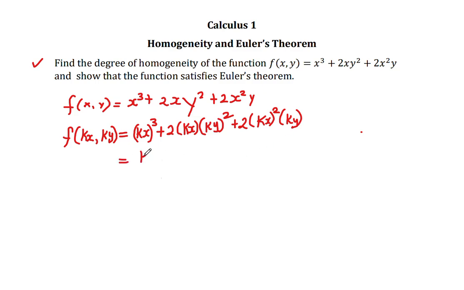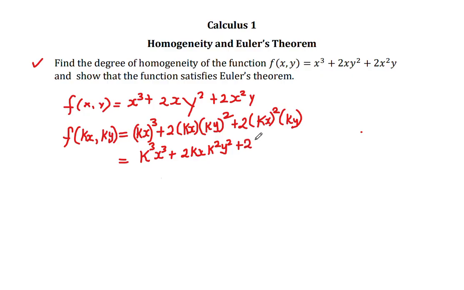Now we're going to try and simplify this. So this is going to be k cubed x cubed. Kx all cubed can be expressed as k cubed x cubed plus 2 multiplied by kx is going to give us 2kx, and ky all squared can be expressed as k squared y squared plus, here, before we can multiply this bracketed term by k, we will first have to evaluate the bracket by raising it to the power of 2.